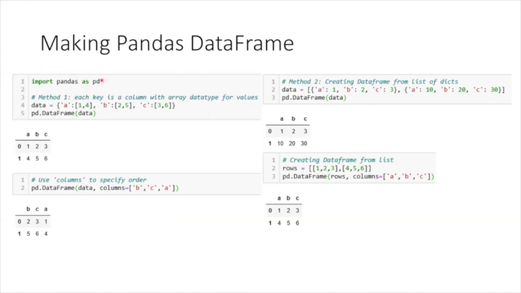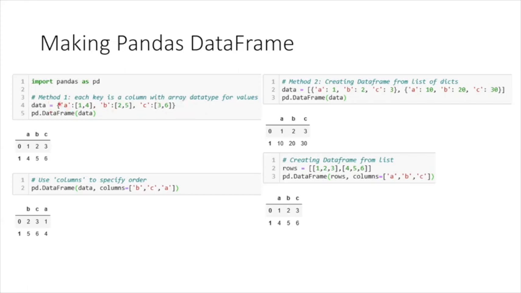Pandas is a way to make a data frame object. As before, we're going to import Pandas, and then look at different ways to instantiate it. We can instantiate it with a dictionary. This format right here, if you recall, is a dictionary setup.